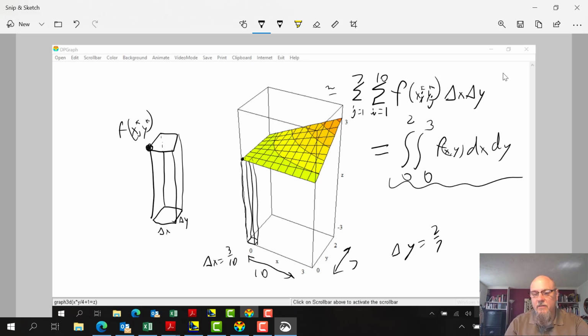And that'll be the exact volume. Limit definition of an integral, but now it's a double integral.